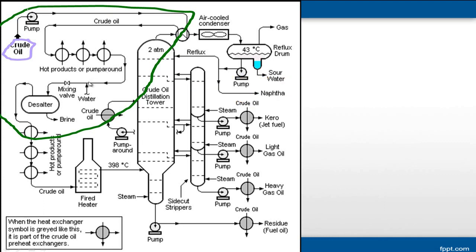From this diagram, water will be added to the crude oil. After that, a mixing valve is used to balance the flow and get it well mixed before feeding to the desalting unit or desalter. The feed should enter at the bottom. Actually, this is not the right diagram, but the feed should enter at the bottom of the vessel.